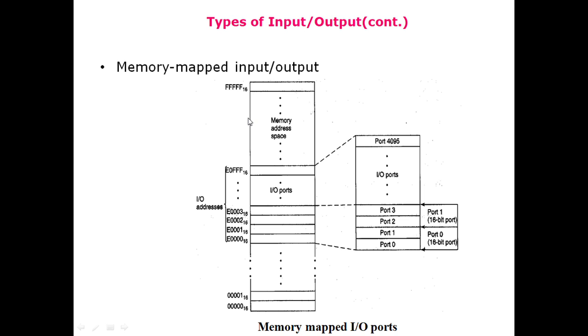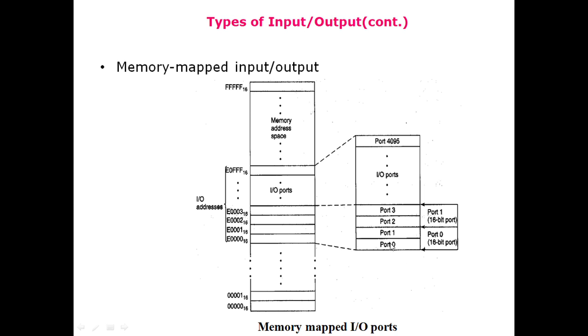So whenever the microprocessor is accessing, for example, this location, then the microprocessor is accessing a memory location. But when the microprocessor is accessing this location, to the microprocessor it looks as if it is accessing this location, but in reality the microprocessor would access port 0 and port 1, which is port 0 in 16-bit port mode.